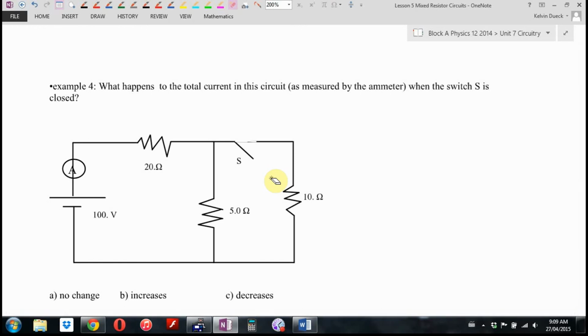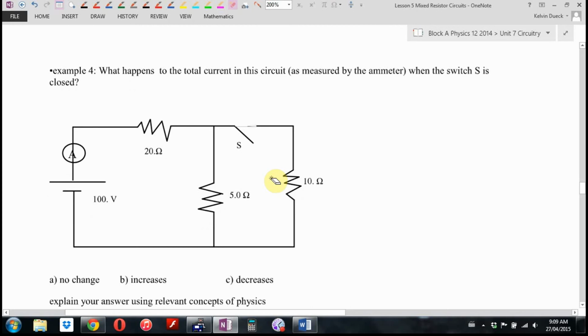What happens to the total current when the switch is closed? Now, I'm going to put in brackets when we add a resistor in.